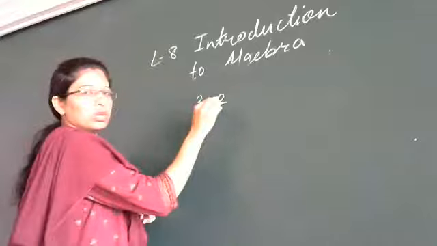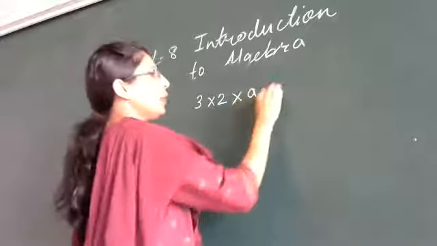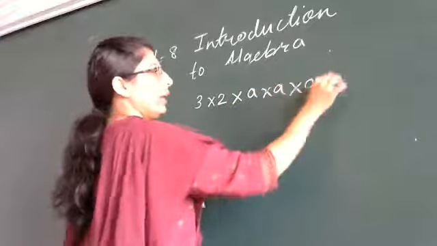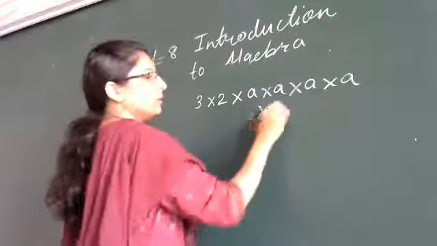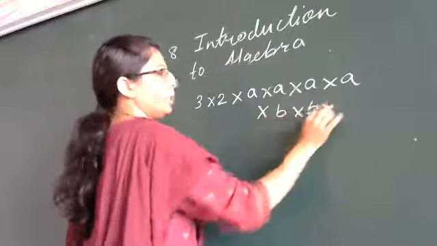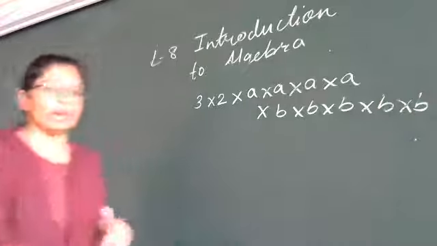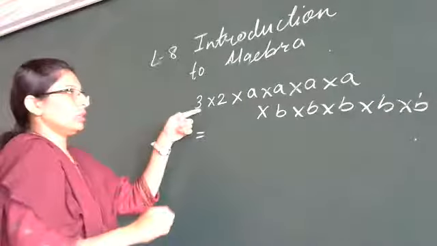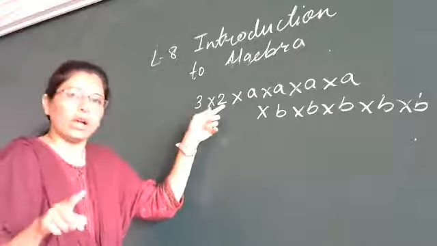Again one more. 3 into 2 multiplied a into a into a into a multiplied b into b into b into b into b. How will you write? 3 into 2, if it is given, we can multiply also.